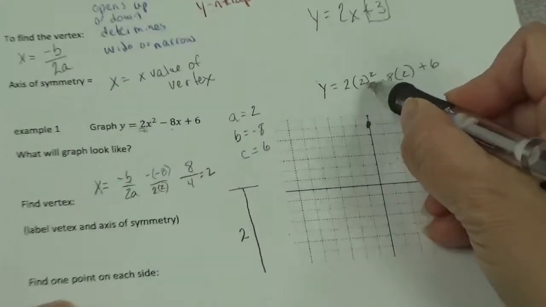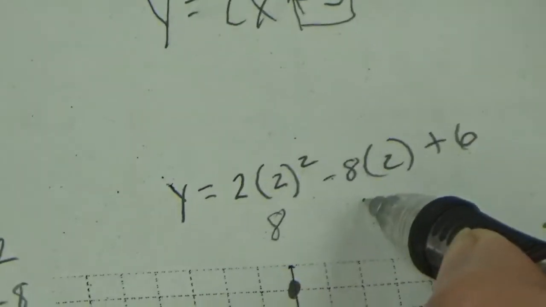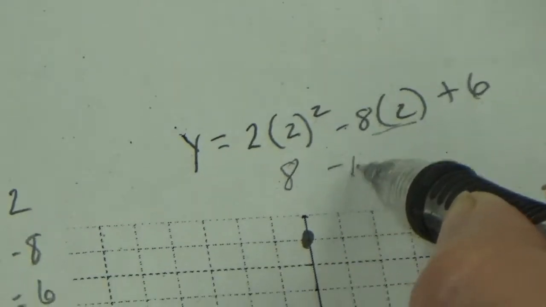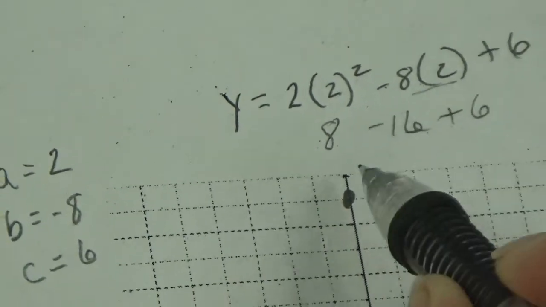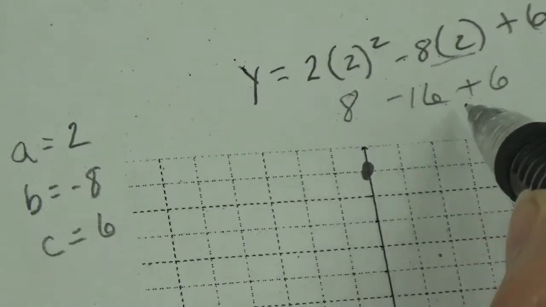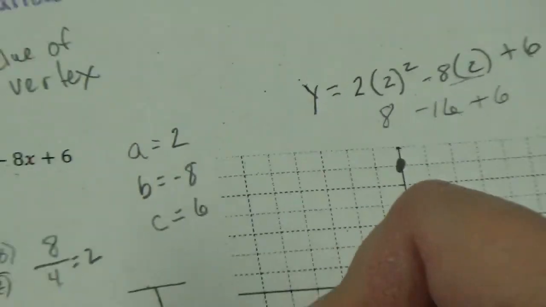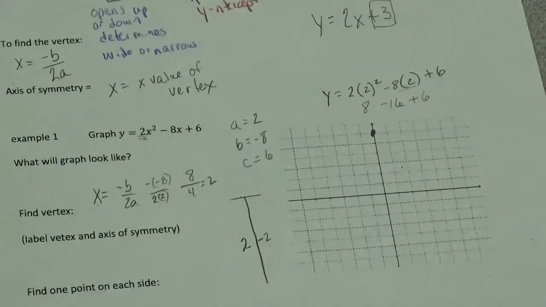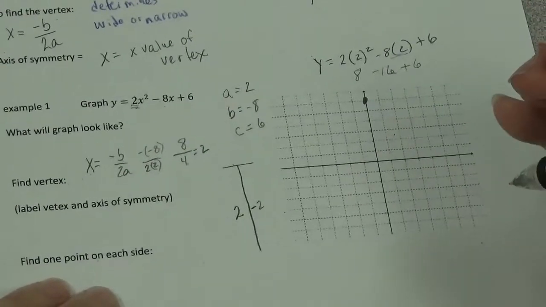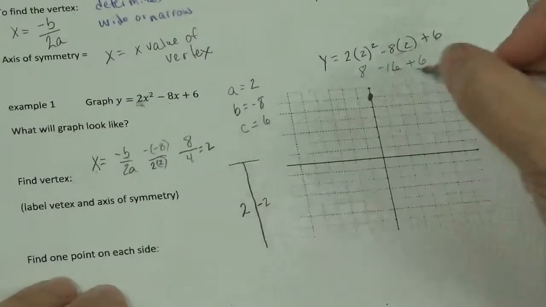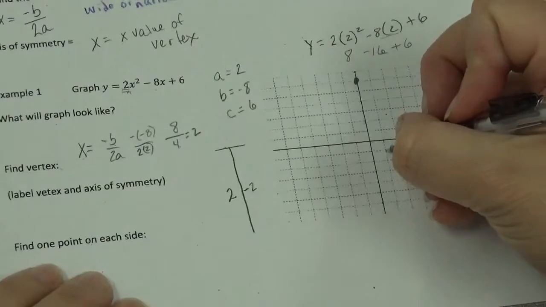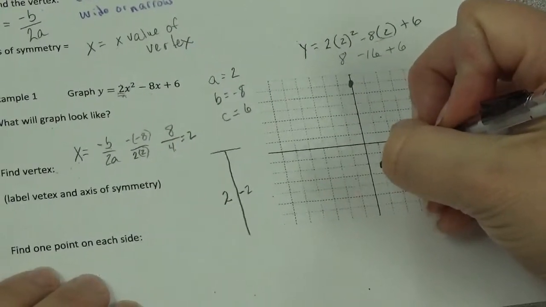So I have 4 times 2, which is 8. 8 times 2 is 16, plus 6. 8 minus 16 is negative 8. Negative 8 plus 6 is negative 2. So I found the very highest or the very lowest point of my parabola. And since this one faces up, what I found is the very lowest point at 2, negative 2.